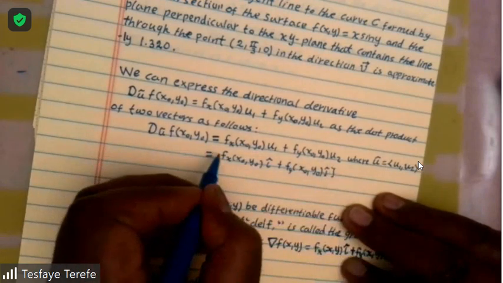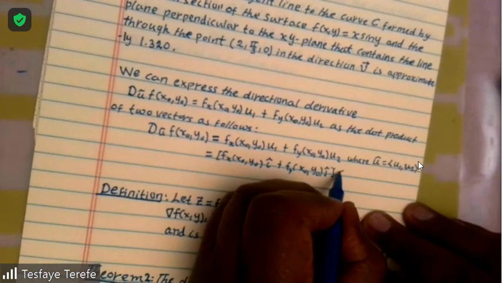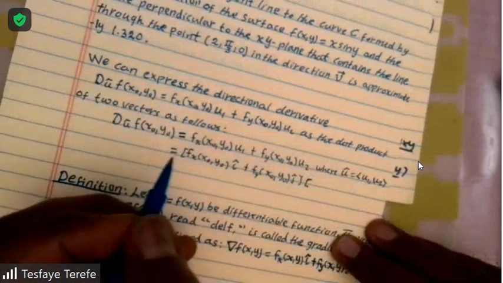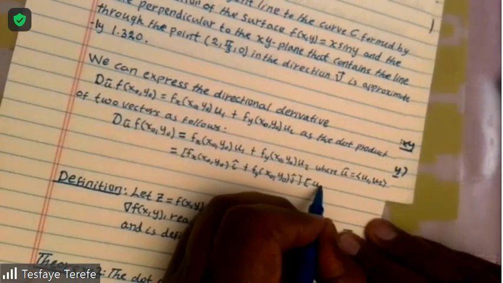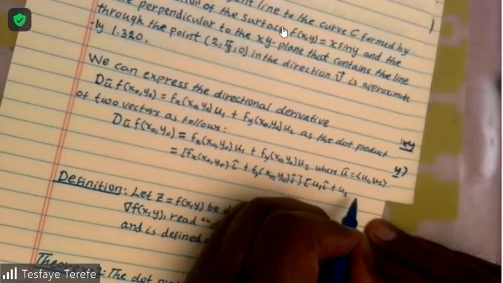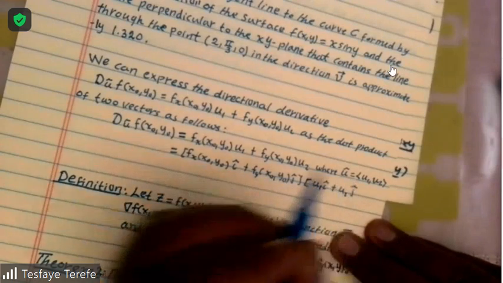And this is multiplied by the vector with u sub 1 in the direction of i and u sub 2 in the direction of j.